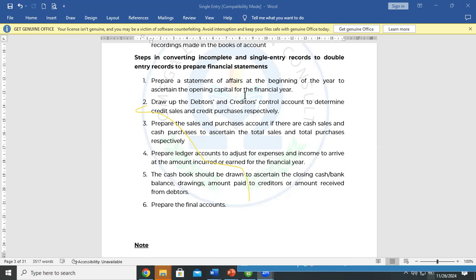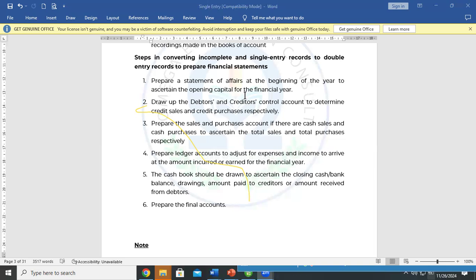But if they were keeping the electricity account and each amount they bought, they debited the account, then they would have easily referred to the electricity account and given you the figure, right? So sometimes you have to prepare the expense and income account to know the expense and income.